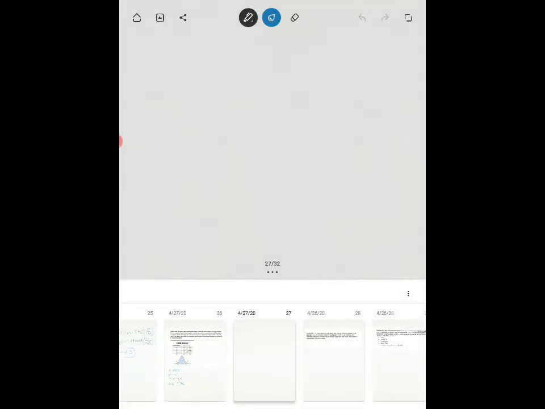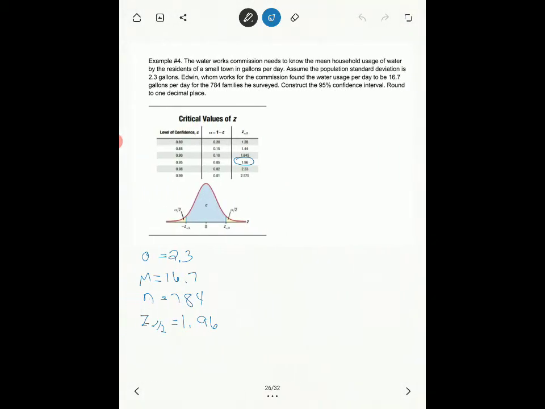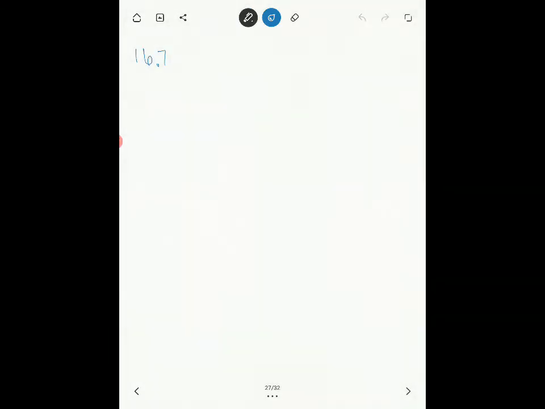So we have our x bar, which is 16.7. Did I use mu? It's supposed to be x bar. I'm sorry, I should say x bar, because it's our sample mean.